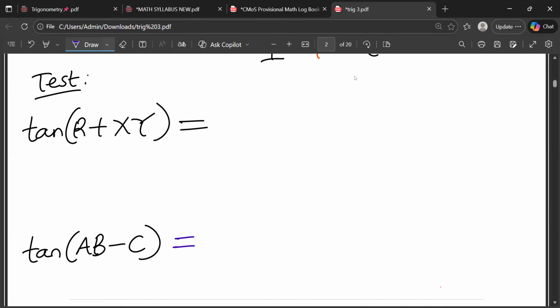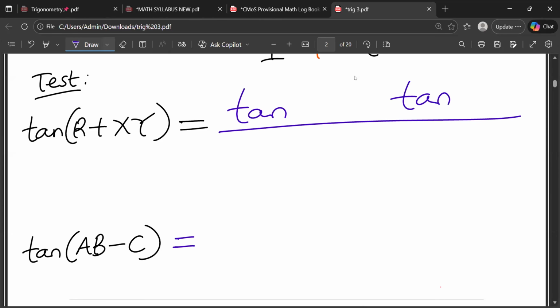Pertaining to this one, we said tan of the bracket r plus xy, the expression will be like this. Since the angles are added, on top we shall have tan and tan, isn't it? Then down we must have a 1, then here we shall have tan, tan, isn't it?